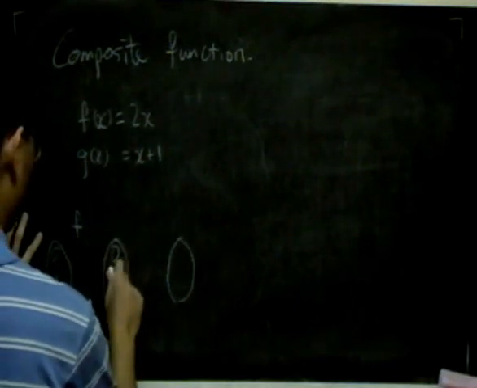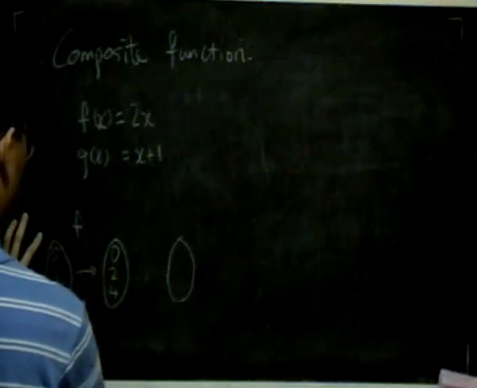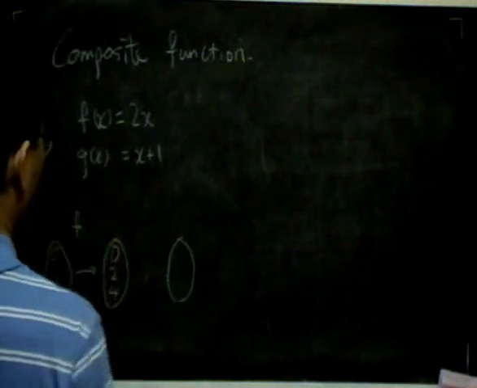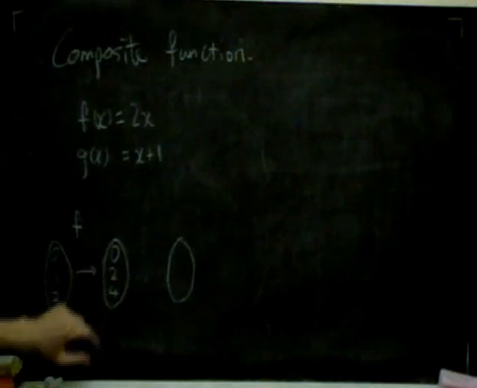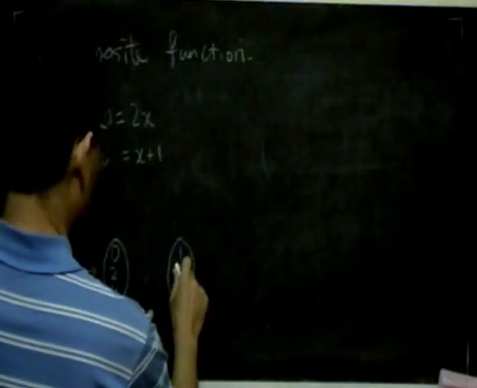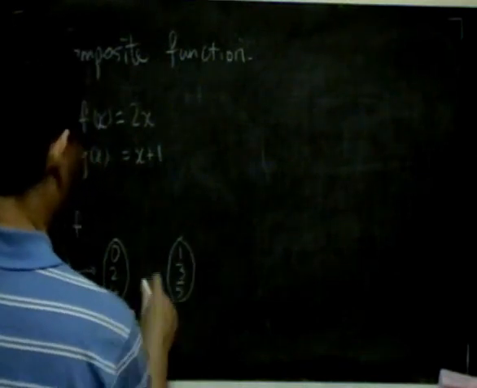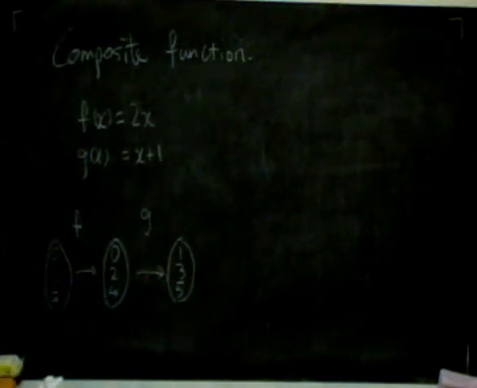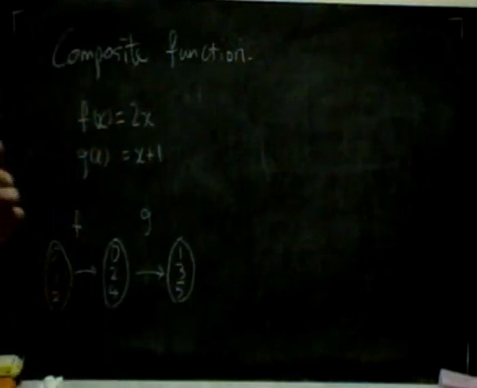So I get 0, 2, 4. And then when I apply the mapping g, I need to add 1 to each value. So each of these values will now be added 1, giving 1, 3, 5. So that's the g function. So that's what we mean by composite function.